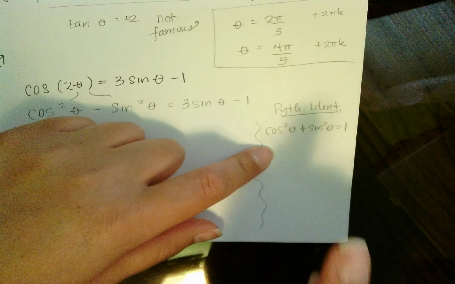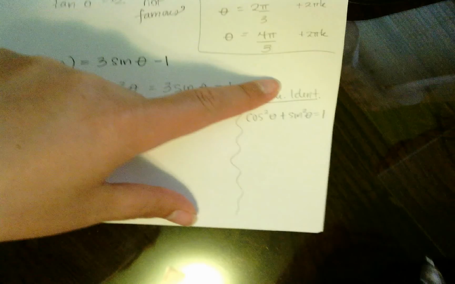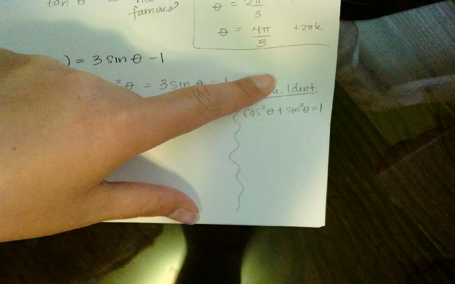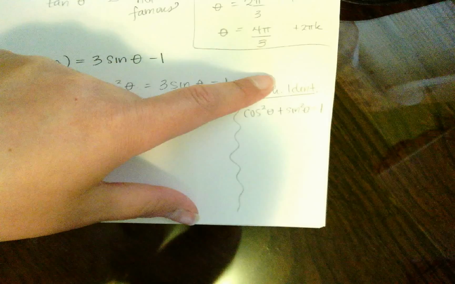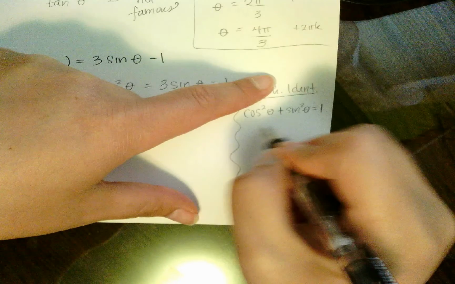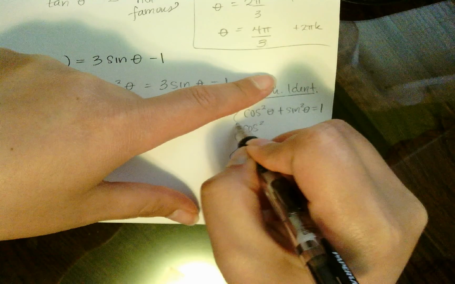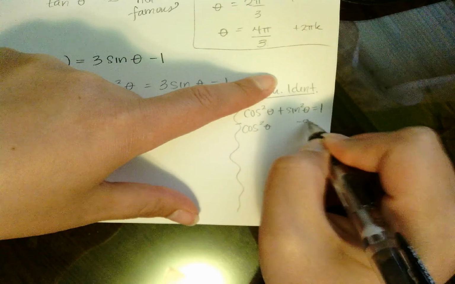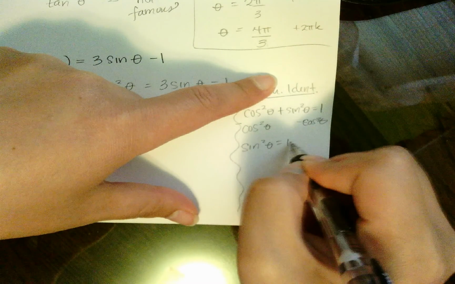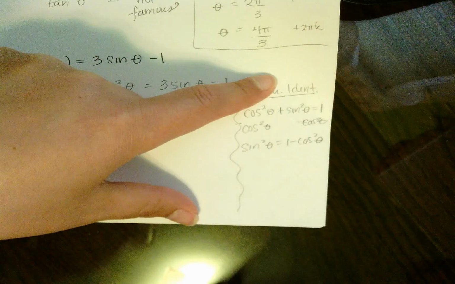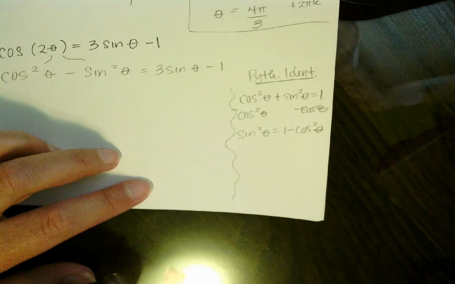Okay. All you have to do is just subtract one of them over. So if I subtract over, look at the glare, it's really weird. Ooh, that's bright. If I subtract over cosine squared from both sides, sine squared equals 1 minus cosine squared. So all I did was subtract cosine squared from both sides.